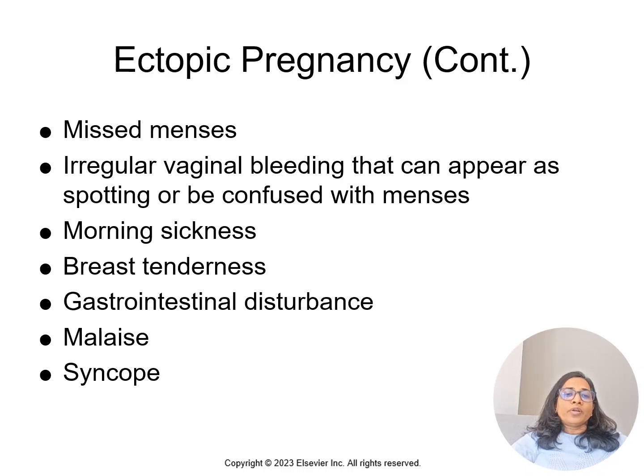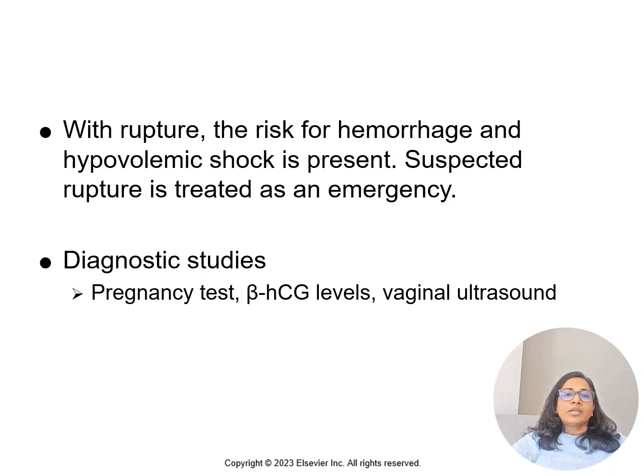And then they would not have their periods, and sometimes have dropping or irregular vaginal bleeding, morning sickness, all the features of pregnancy with a lot of pain and spotting of blood. The biggest complication of ectopic pregnancy is the rupture of the fallopian tube.